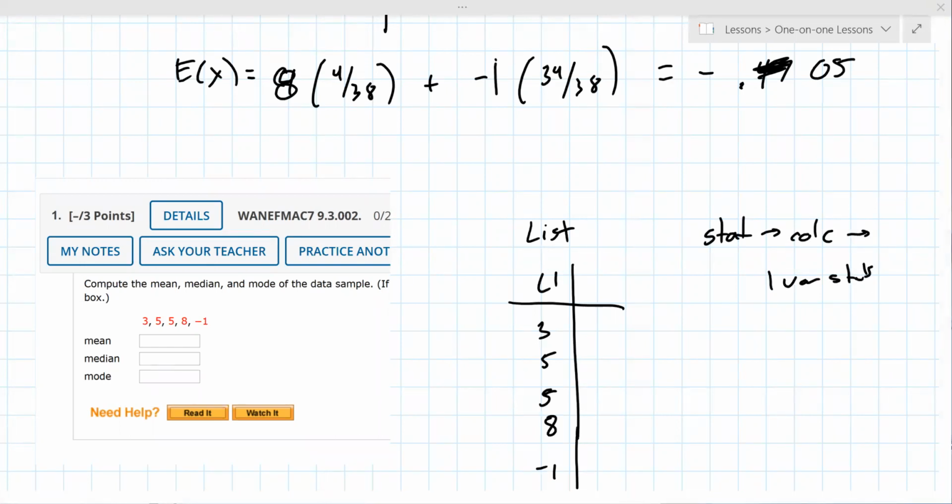So to get that, you go to second list, second stat, which is list. But it just says L1, like how do I enter values? You go down to the one below L1 and just hit the down arrow, and you should be able to enter the data in. Like hit 3, enter, 5, enter, 5, enter, 8, enter.